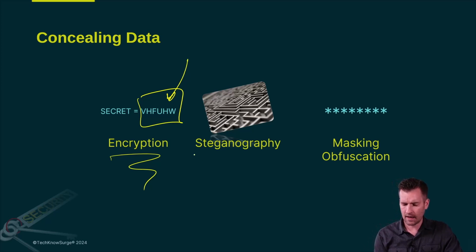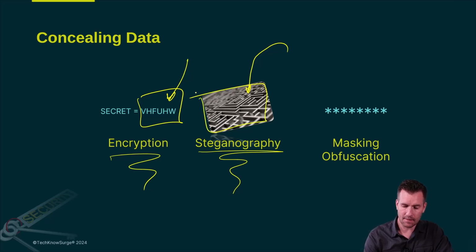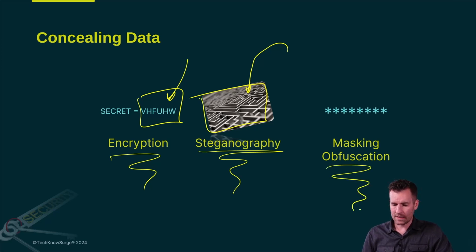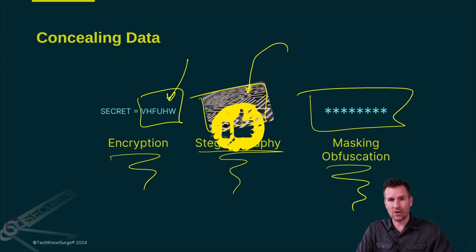Another way to hide or conceal data is steganography, where we take data and imprint it onto something like a picture, an audio file, or some other type of file, and conceal certain data within it. We also have masking or obfuscation, where we take data and obscure it to the point where it's not feasible or doesn't have value to somebody that might leverage that data or attack and grab it.